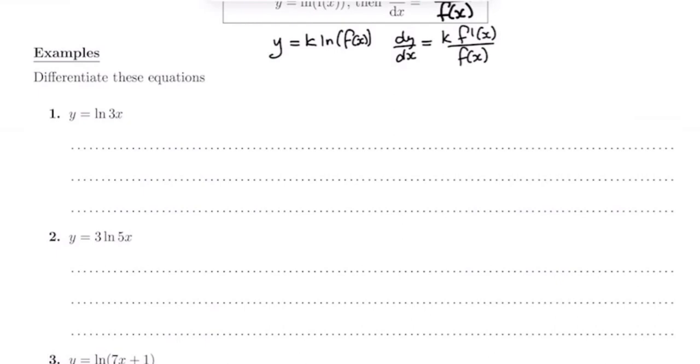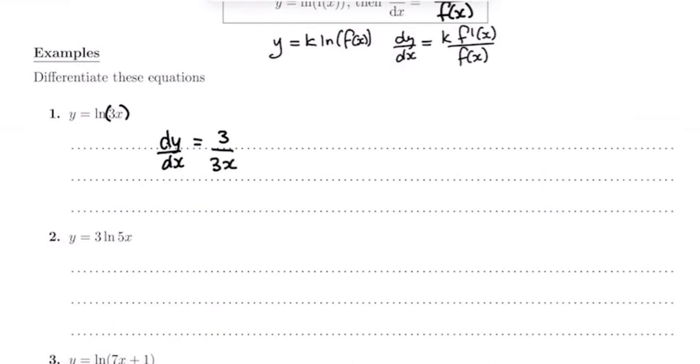Now, the important thing is that you just remember those rules. So the first one is y equals the natural log of 3x. So dy/dx, remember, differentiate the term that you are logging, well, that will give you 3, and then the function that you are logging becomes your denominator.